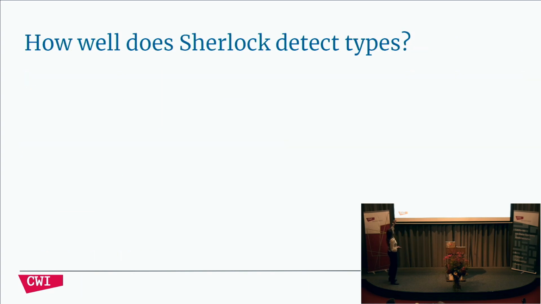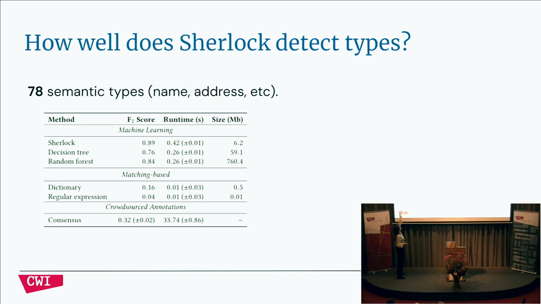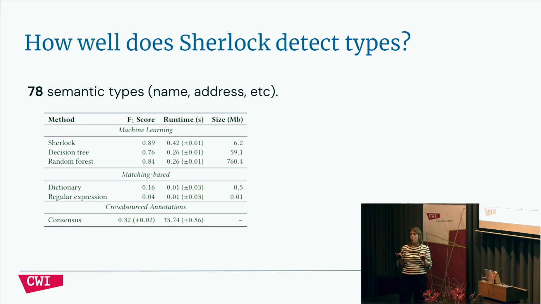If we compared that to, for example, regular expression matching, which is obviously very poor in performance over way more types than credit cards, it already reached an F1 score performance of 0.90. You can forget about the meaning of F1 score, but it's basically a balance between precision and recall.